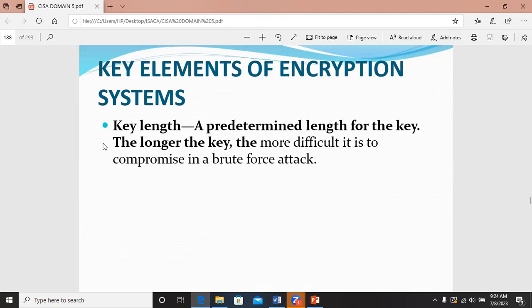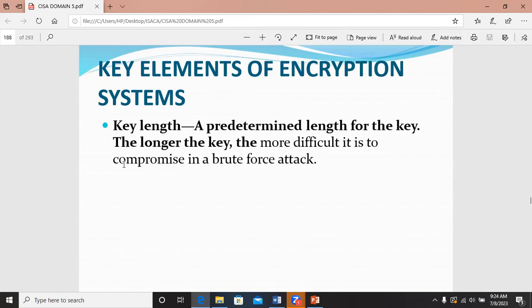Just like in a password, the longer the password, the more secure it is. We know that. The same thing applies in encryption: the longer the encryption key, the more difficult it is to break. But note, it also means it will slow down the encryption and decryption process. You will need more overhead to process a longer key than a shorter key.